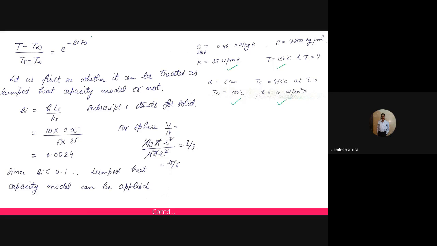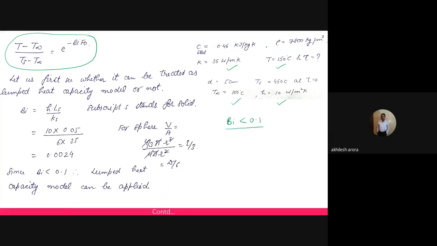So this is the equation which is available to us. This is the first equation which we know, through which we can calculate the time-temperature history of the solid body. Now you know this lumped heat capacity analysis is valid only when the value of the Biot number is less than 0.1.